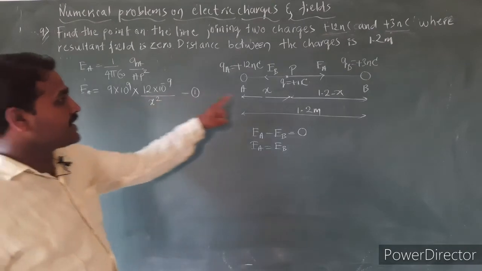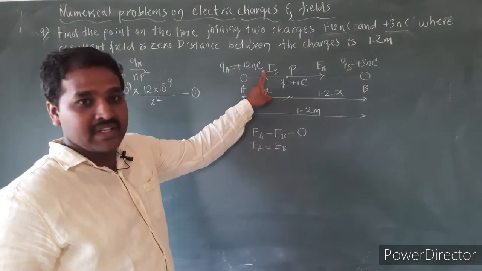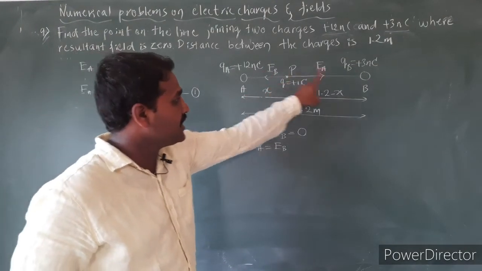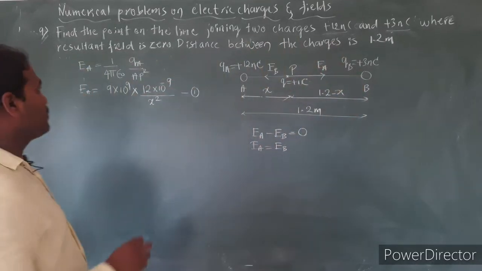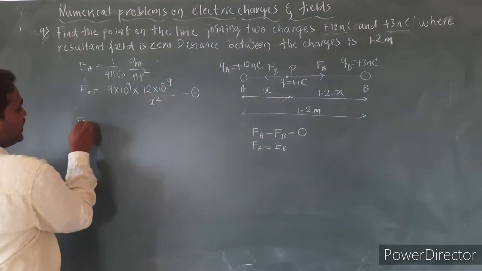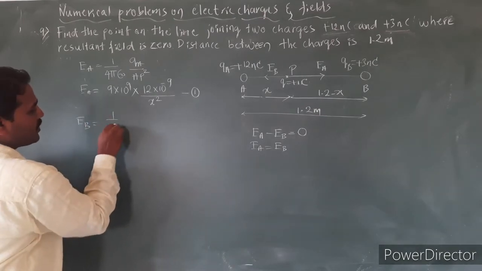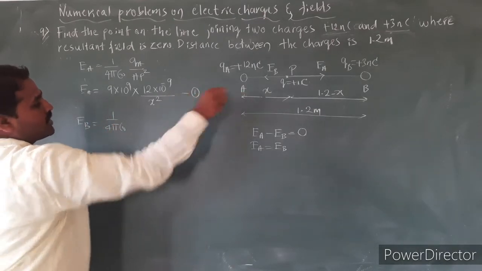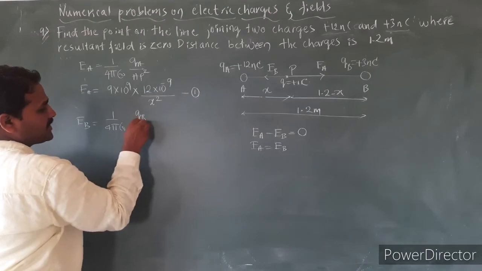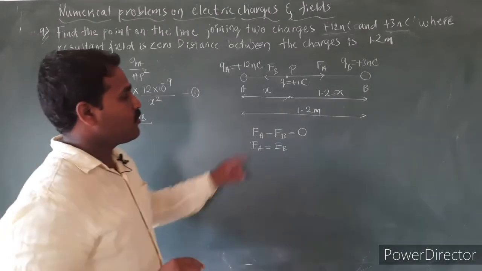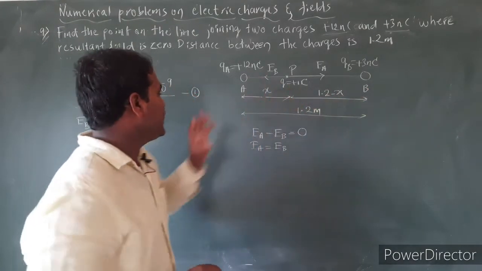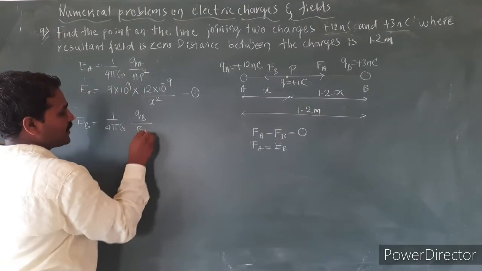Similarly, let us write the expression for electric field at point P because of the charge at B. EB is equal to 1 by 4 pi epsilon naught into charge at B, that is QB, divided by the distance between B and P, BP square.